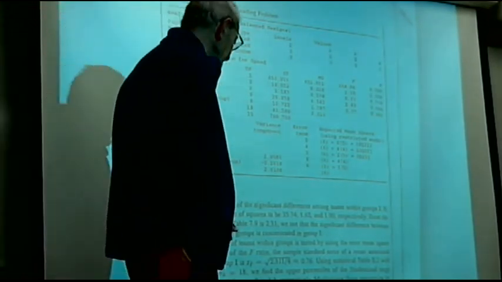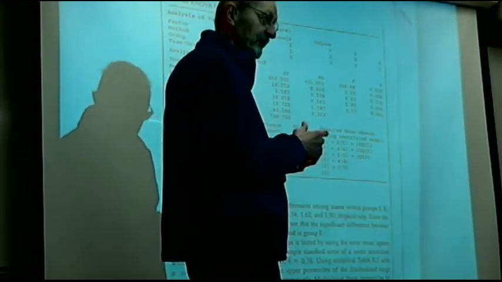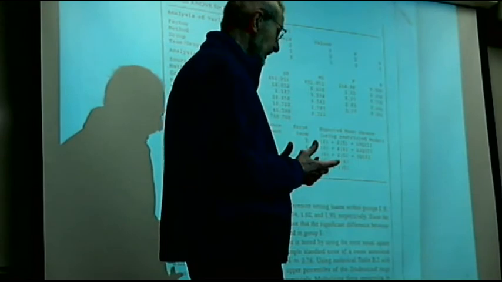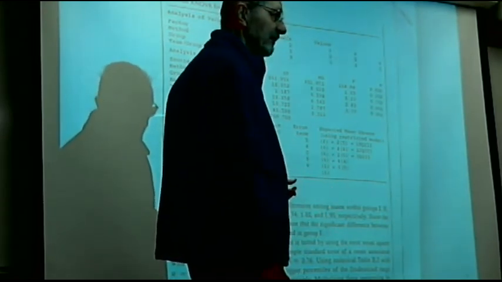They're saying, well, as you see here, they're going to talk about some kind of multiple comparison procedure, and they're going to use what they're calling here the studentized range method.